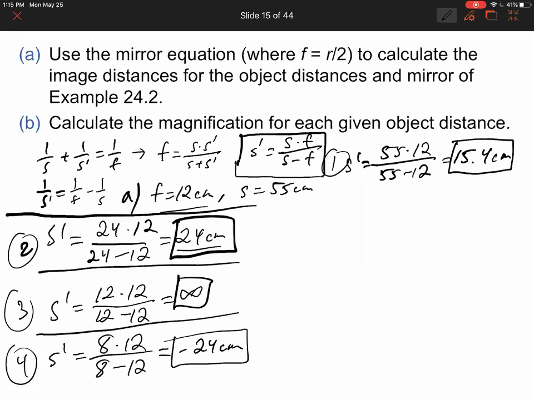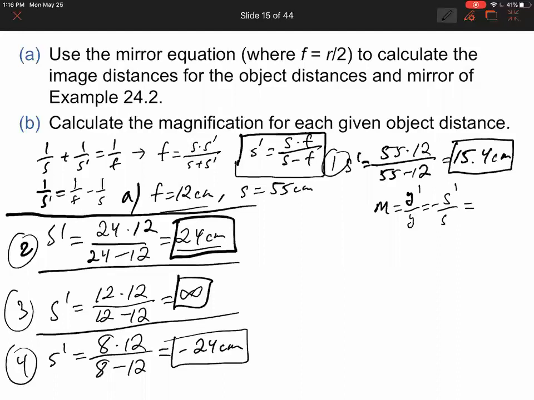Then let's look at magnifications, which should also match what we had. Remember, there's the magnification equation where you can do y prime over y. But there's also another magnification equation, which is negative s prime over s. That's using the geometry for those shapes. You can actually get this equation for the magnification: negative image distance over object distance.